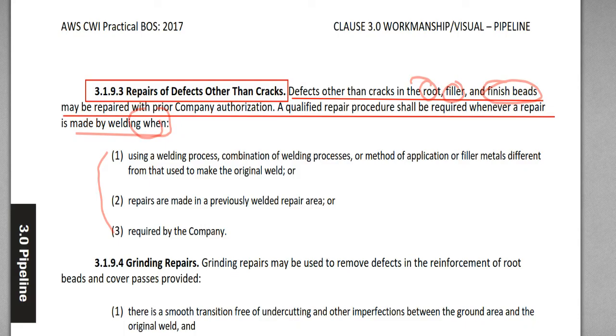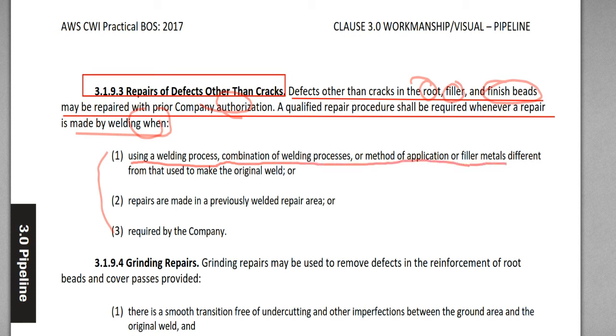Defects other than cracks in root, filler, and finish beads may be repaired with prior company authorization, and the condition of repair is using a welding process, combination of welding processes, or method of application of filler metal different from that used to make the original weld. So if you use a welding process, something like GTAW, SMAW, whichever, but the original weld you used GMAW, but for the repair weld, if you use SMAW, that requires authorization and a qualified repair procedure.